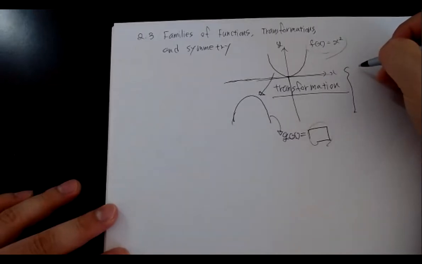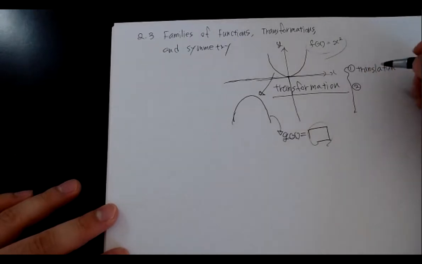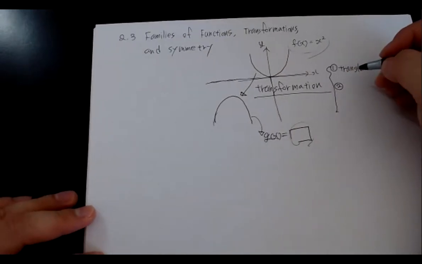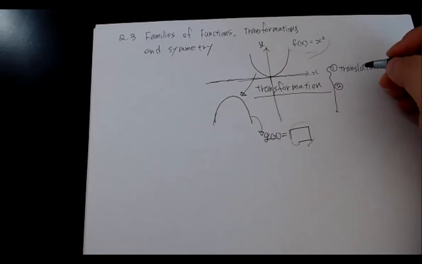So translation, and then stretching. Actually, stretching and shrinking vertically and then horizontally. But in this text, in this course, I'm not going to cover the stretching and shrinking horizontally.